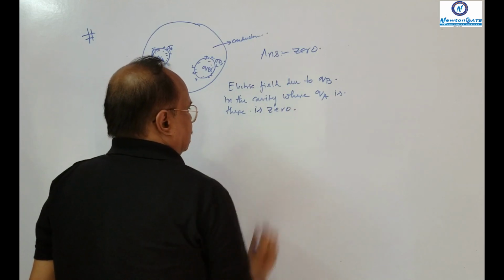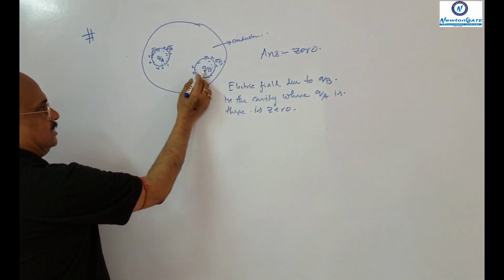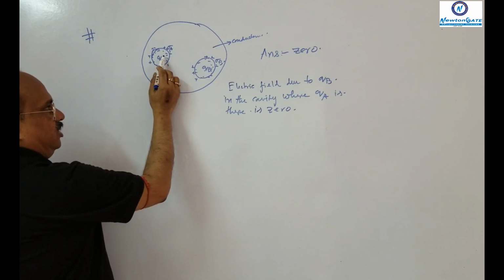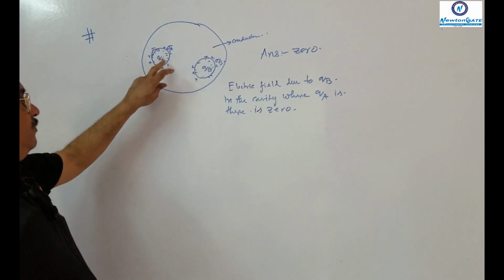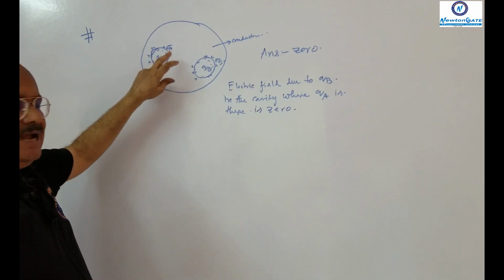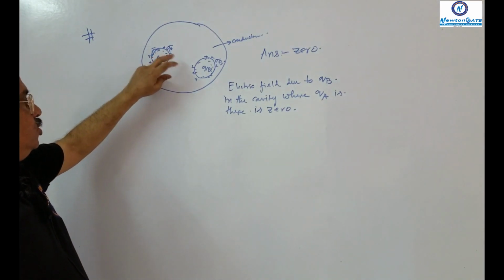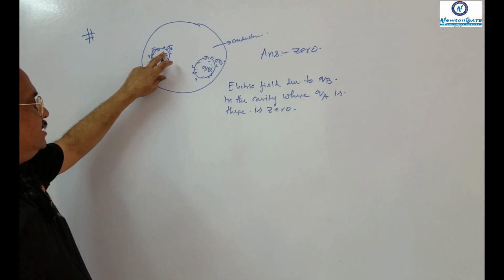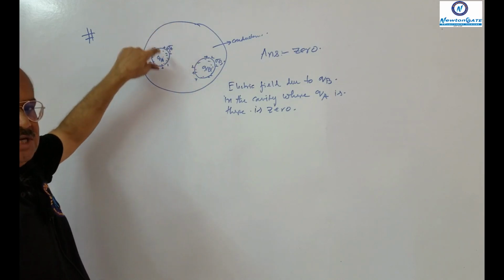That means this charge cannot apply any electric field on this charge, and neither, because it is inside this cavity, the electric field inside this cavity is 0 due to any external charge.